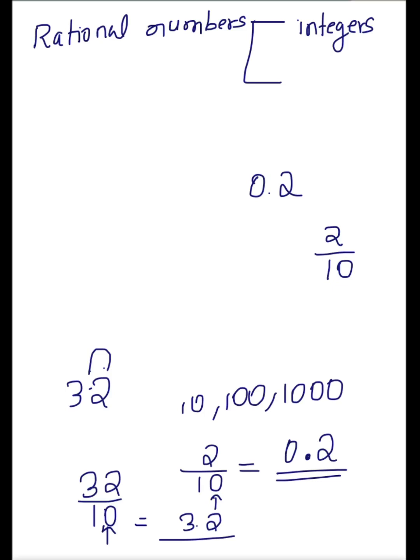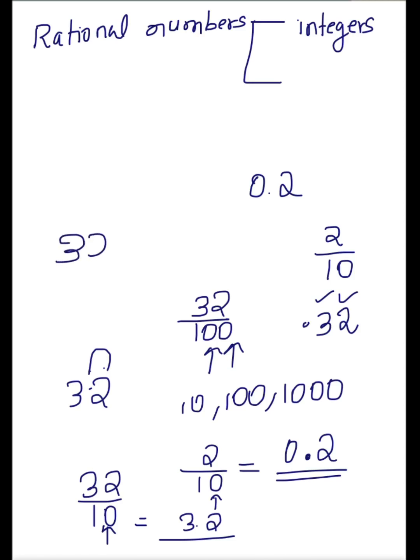Suppose I am taking 32 divided by 100. Here there are 2 zeros, so after the decimal point two digits should be there. So you put the decimal point two places from the right.